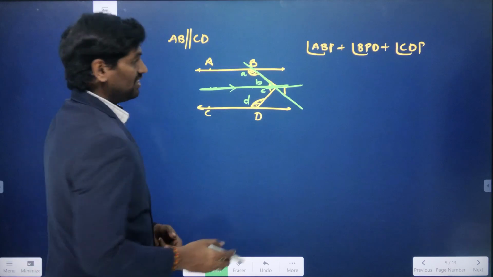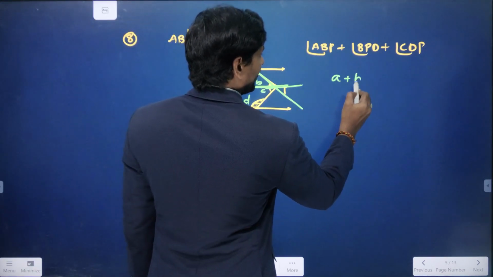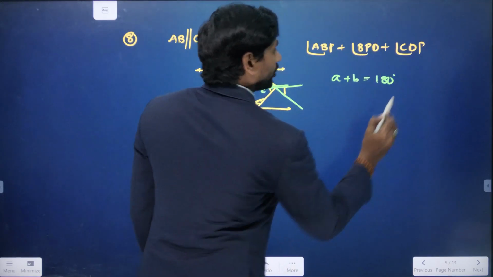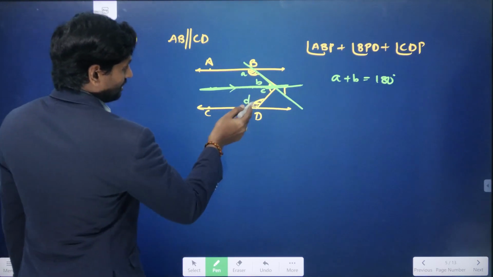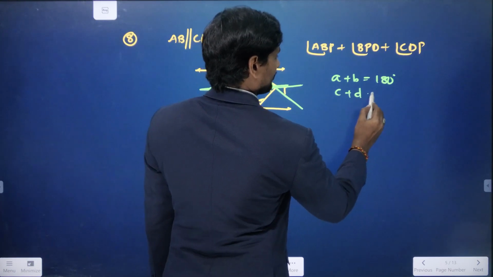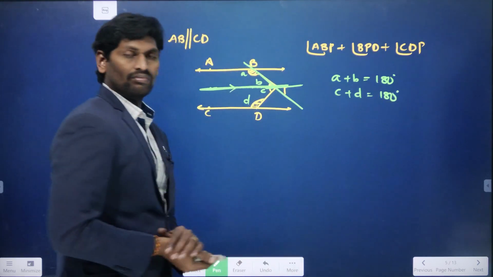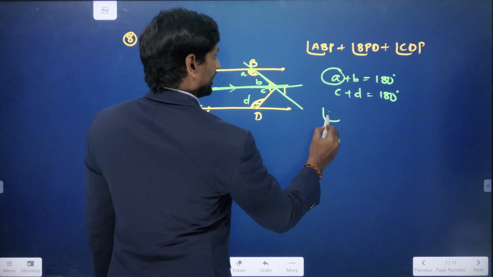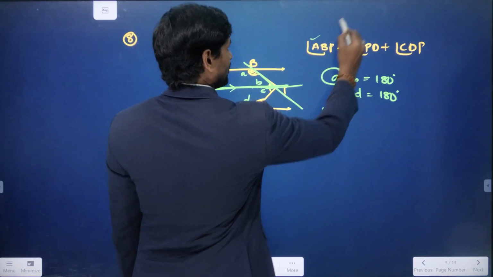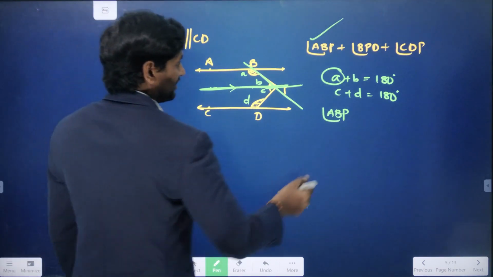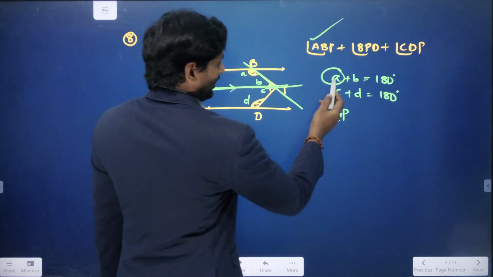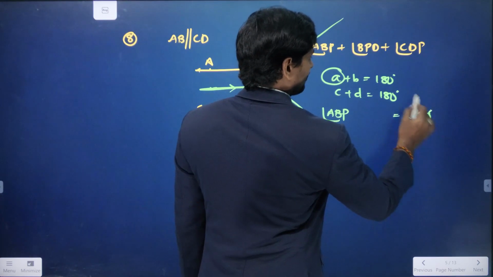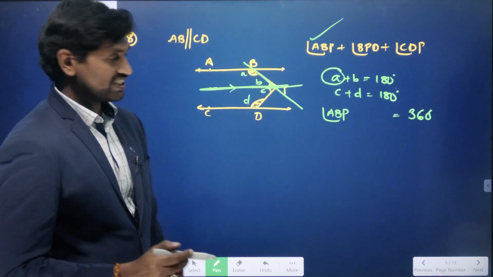Whenever we construct a parallel line, the BP line will be a transversal. So the sum of co-interior angles is 180 degrees. Same way, C plus D is also 180 degrees. Now A is nothing but ABP. Adding all of them, A plus B plus C plus D equals 360 degrees, because 180 plus 180 is 360 degrees.